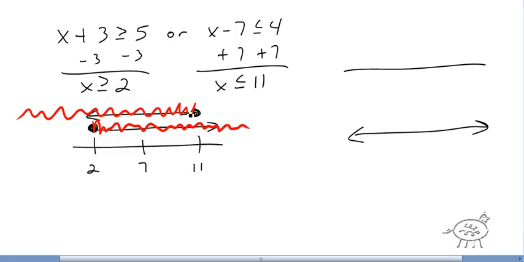I saw this line right here. I saw that line and that line. I see it everywhere. You can point to any spot on here, here, here, here. It doesn't matter what point you point to, there's always going to be a line. So if there's a line everywhere, that means it is all real numbers.